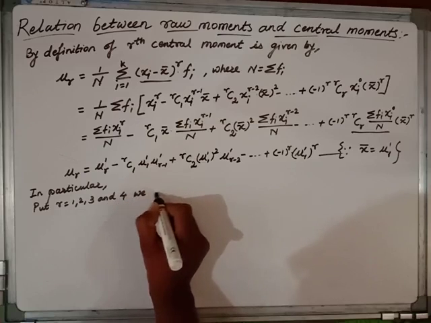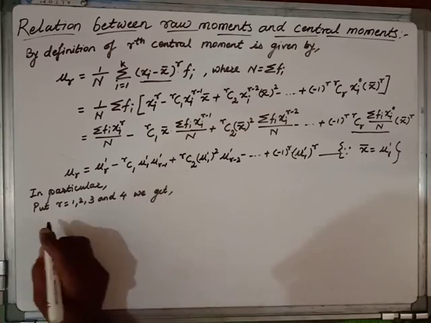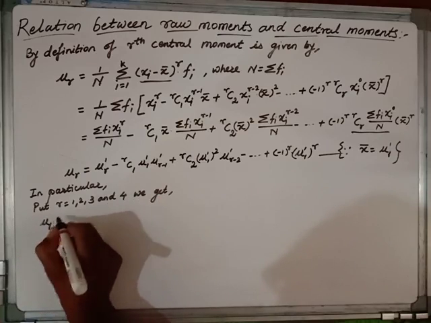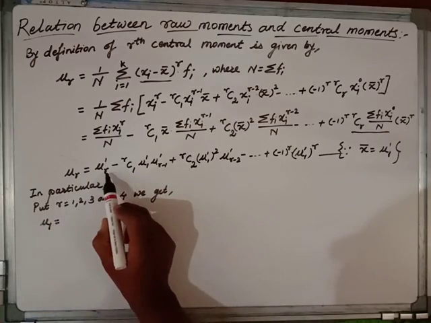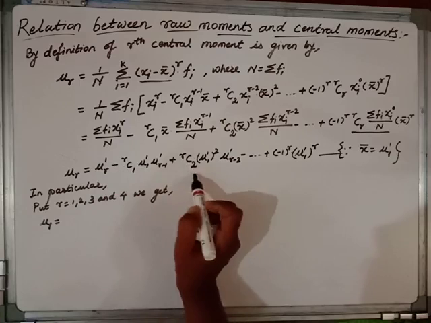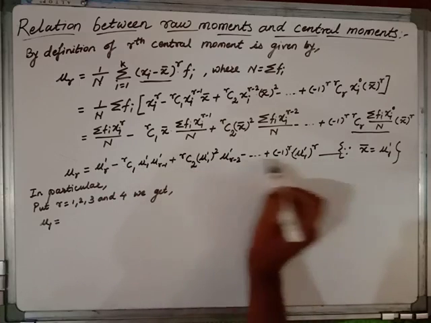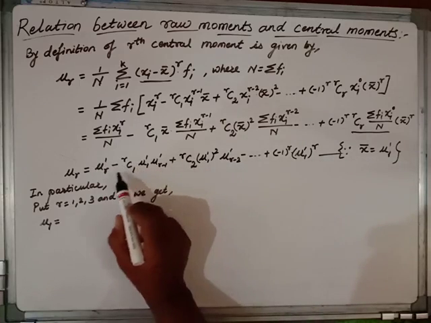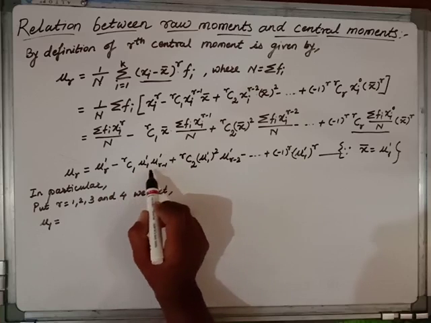We get, first of all, mu1. What is mu1? R is equal to 1. So mu1 dash minus 1c1. The 1c2 terms are not required in that case. R equal to 1 means we require only 2 terms.